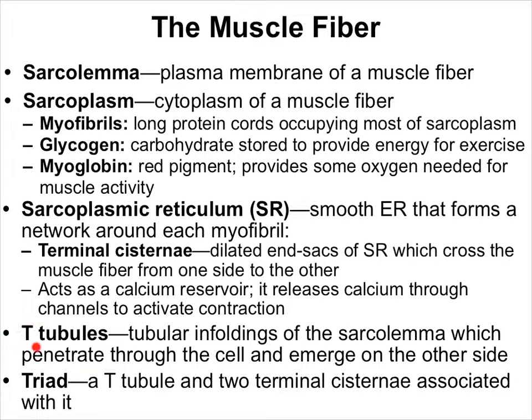The T-tubules are basically caverns made of sarcolemma, the cell membrane, that cross from one side of the muscle fiber to the other side of the muscle fiber. They're infoldings of the sarcolemma that penetrate the cell and emerge on the other side. So muscle fibers all have holes running through them. And running alongside of the T-tubules, you will always find a terminal cistern on either side. And that structure of one T-tubule flanked by two terminal cisternae is called a triad.